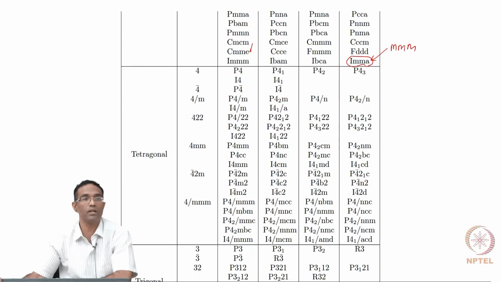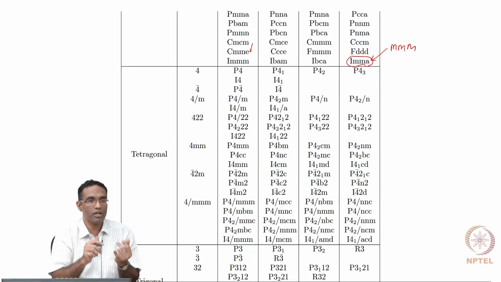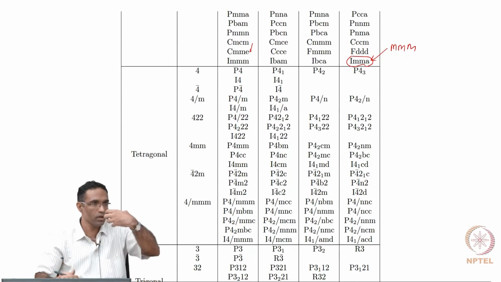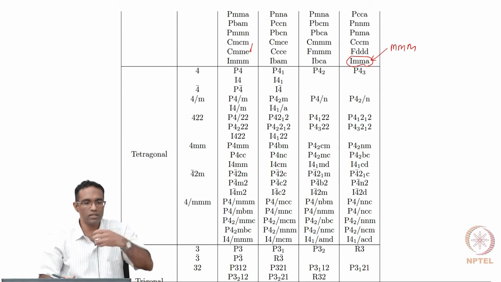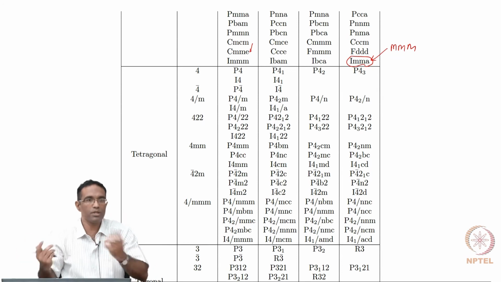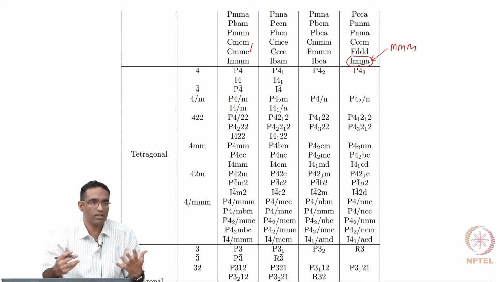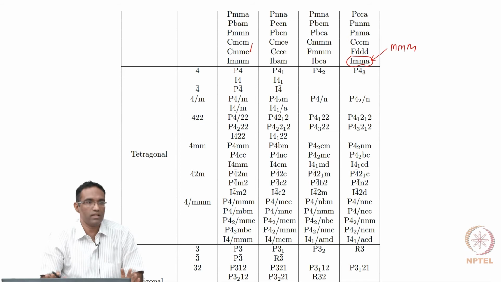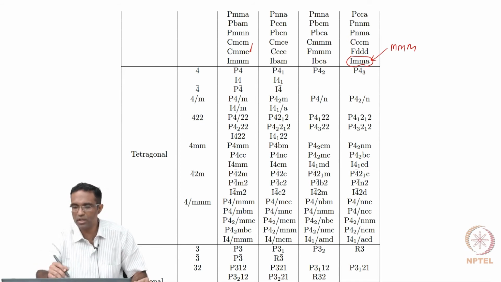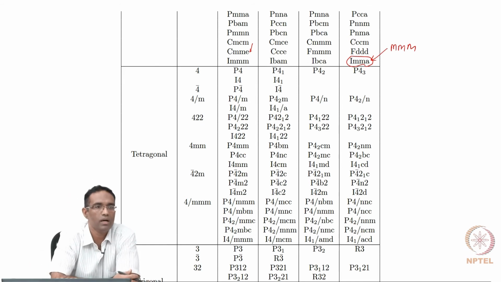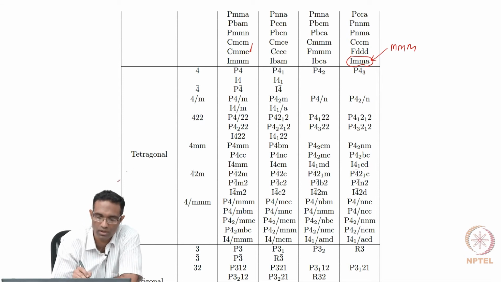Then you have the tetragonal space group. So you will have a combination of four-fold rotation. The first thing that will tell you that it is tetragonal is a four-fold rotation, and in the subsequent slots you will have either nothing, or mirrors, or two-fold rotations and nothing else. That gives you a combination of several space groups which belong to the tetragonal system, for which the tetragonal unit cell or tetragonal crystal system can be used.